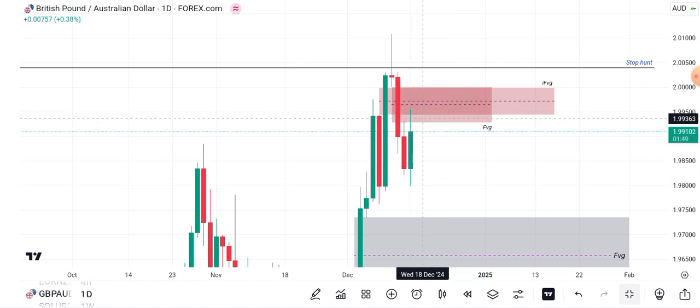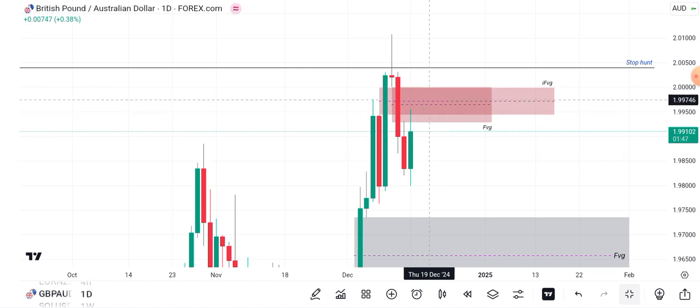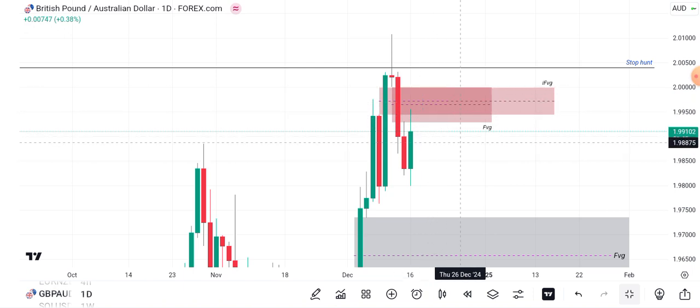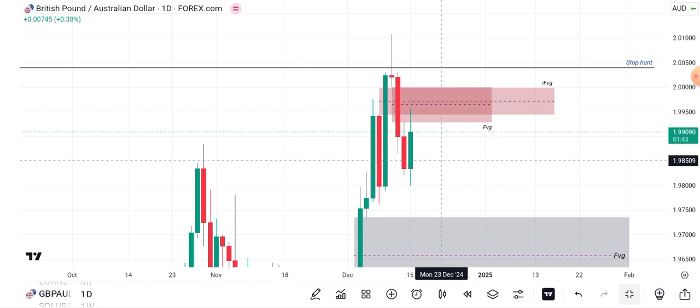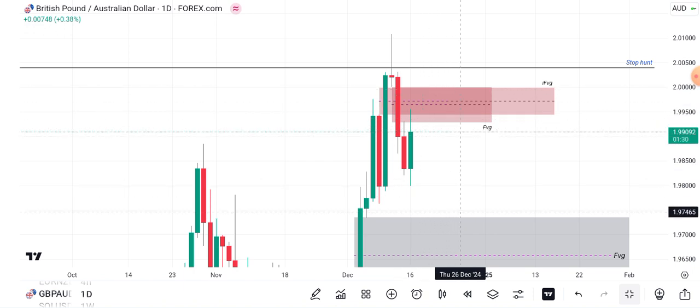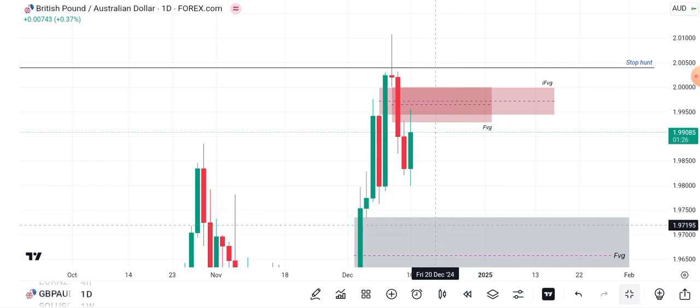This fair value gap that is being formed here also tells me something similar. So our expectation is for price to retrace into this inversion fair value gap, before breaking lower eventually into this lower fair value gap here, just to balance it.